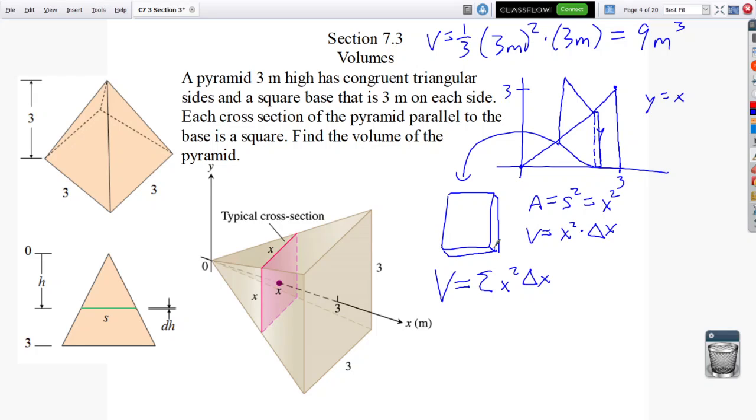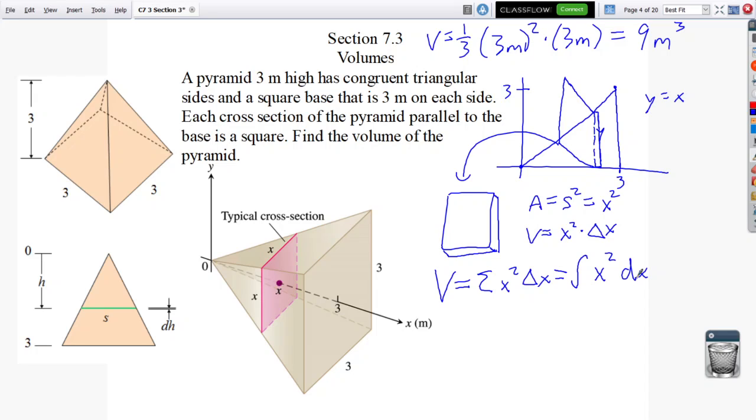So we want to make sure that they have almost a zero width to them. So delta x is going to be infinitesimal. And we know when we jump to that infinitesimal, instead of talking about a sigma, we talk about an integration symbol. Integral of x squared, and the delta becomes a dx. So that's how we're going to find our volume.